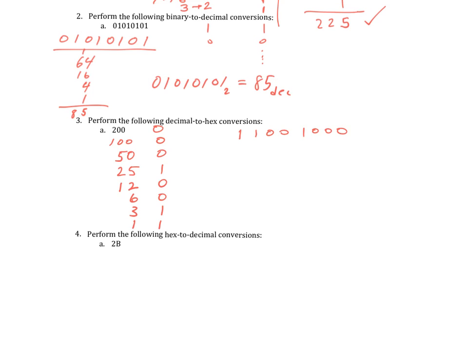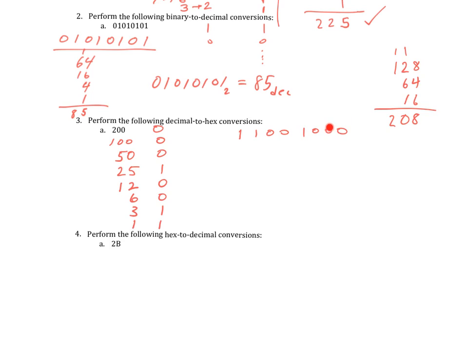And that's supposed to be 200. Let's quickly check that. We have a 1 in the 128's place, a 1 in the 64's place, and a 1 in the 16's place. What did I do wrong? 1, 2, 4, 8.